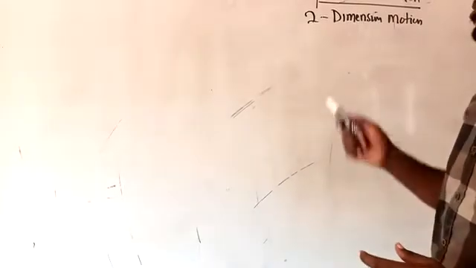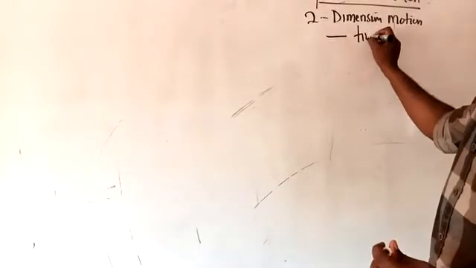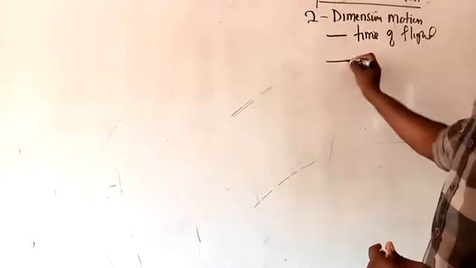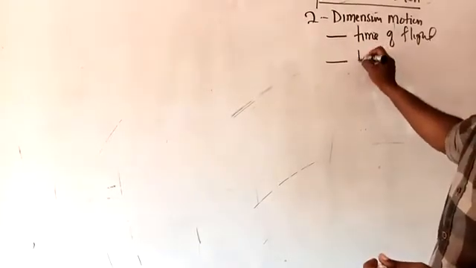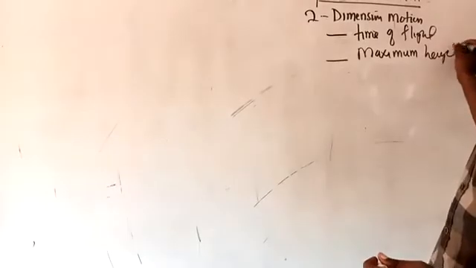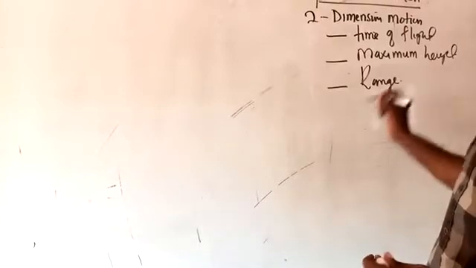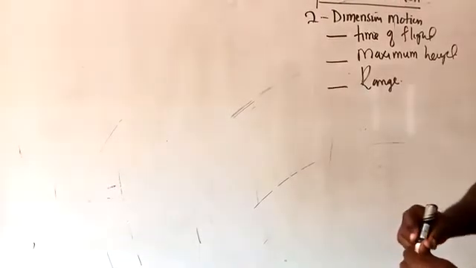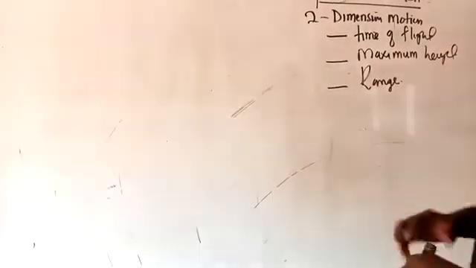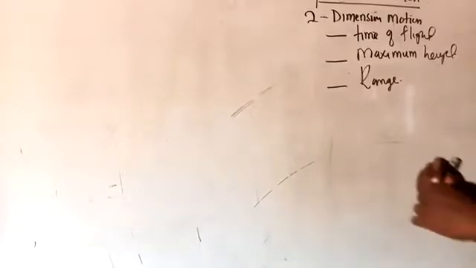For projectile motion, we look at three parameters: time of flight, maximum height, very important, and lastly range. Of course, there are so many parameters at an advanced level, like aerodynamic parameters, but for now we'll confine ourselves to these three.